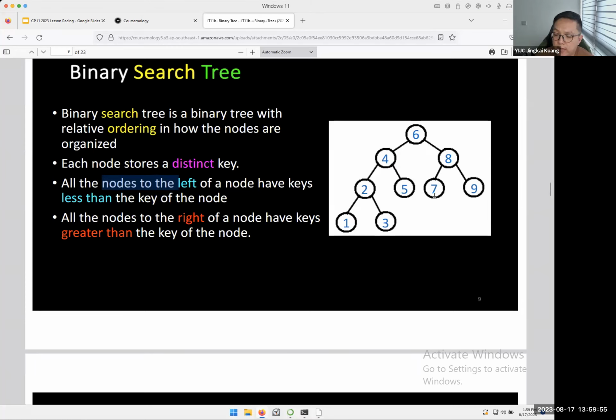Let's say I'm trying to find 0. I enter at 6. It's not what I want. It's smaller than 6, so I go left. 0 is smaller than 4, so I go left as well. 0 is smaller than 2, go left. Once I come down to here, if this is not 0, then I know I can stop already, because this node doesn't have any child nodes for me to go down to.